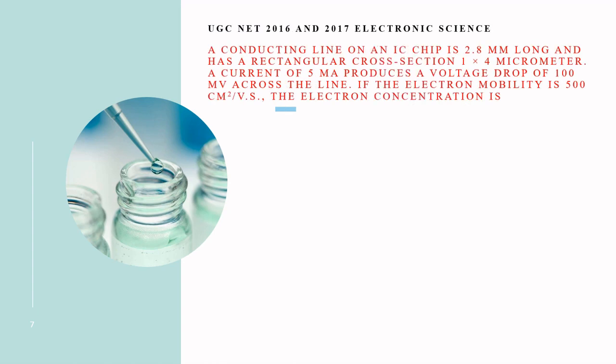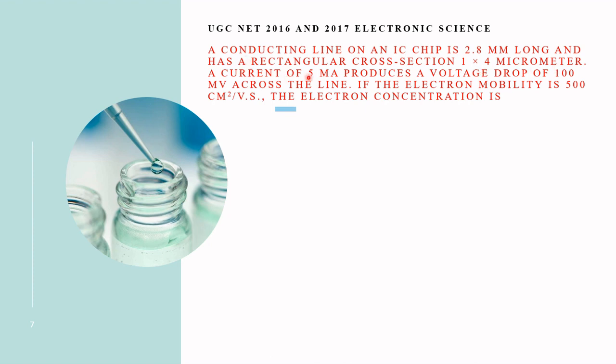The next question is from UGC NET 2016 and 2017, Electronic Science. What is the question? A conducting line on an IC chip is 2.8 mm long and has a rectangular cross section of 1 by 4 micrometer.